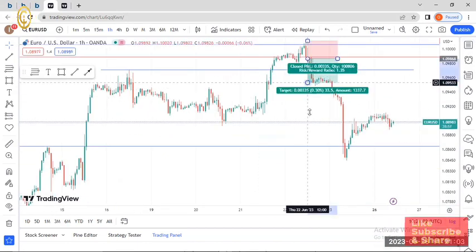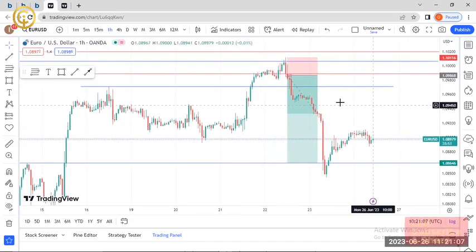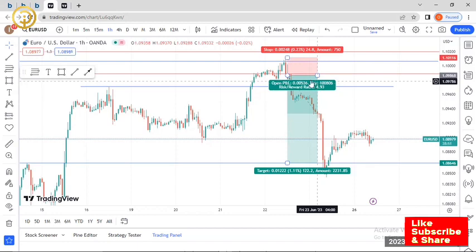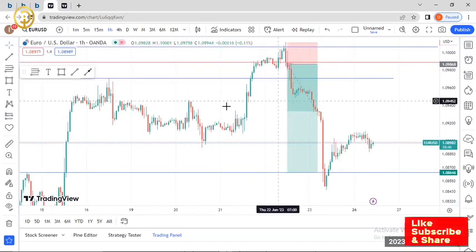If you are selling to the daily fair value gap here, this is almost 5R of your risk. So these were all nice trades.